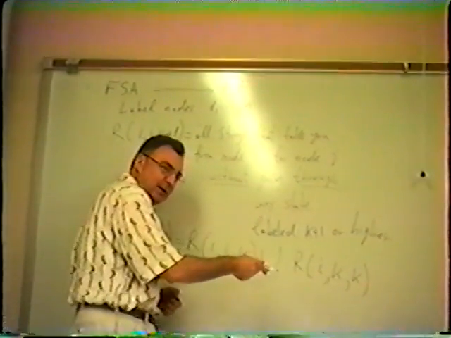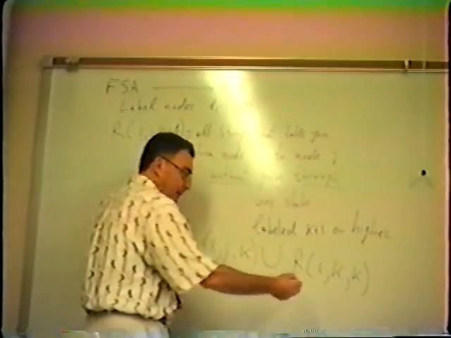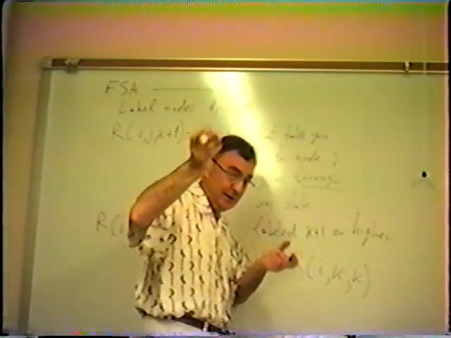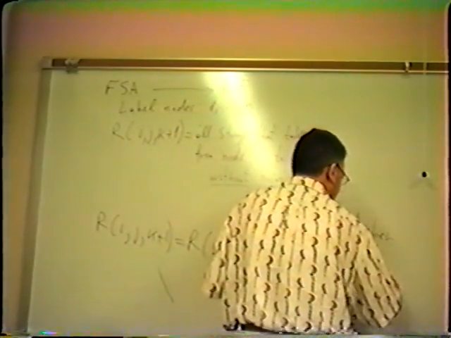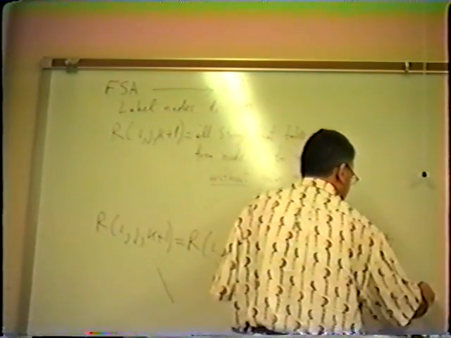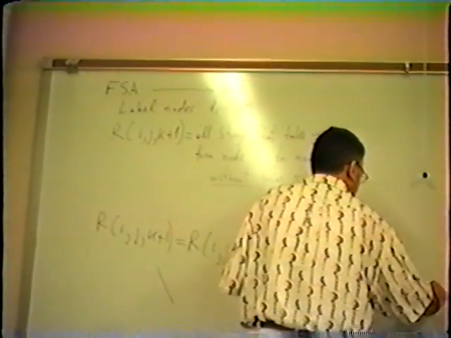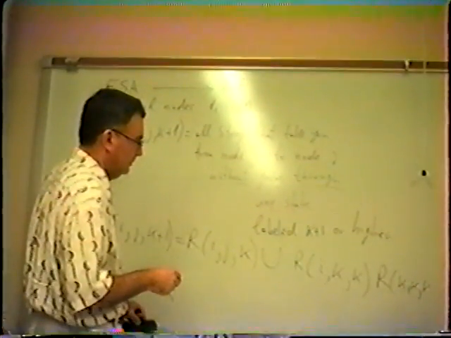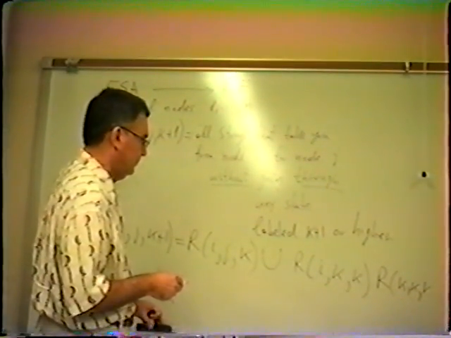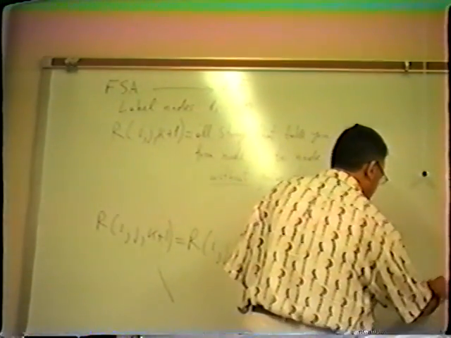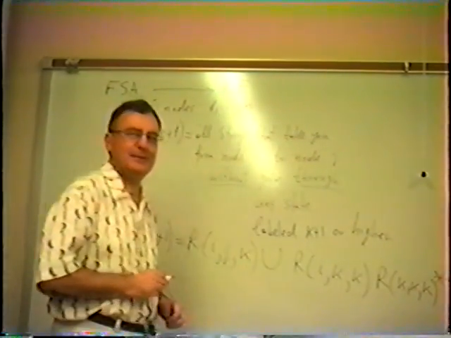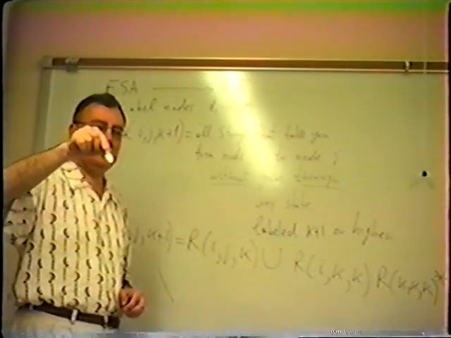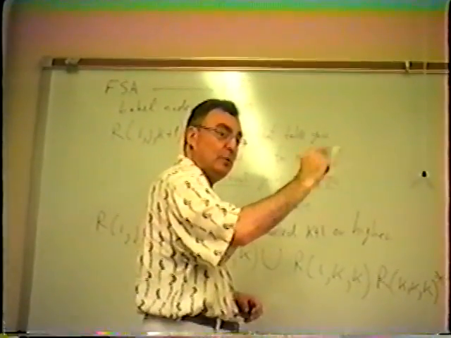So all the strings that will get you to k, without crossing it yet, concatenated with all the strings that will wrap around k, maybe self-loops if you have any, which means all the strings that will get you from k to k, star, together with the strings that will get you from k to j without crossing it.